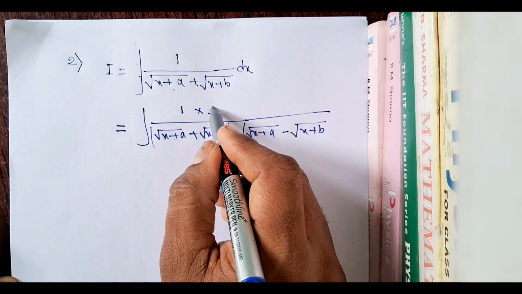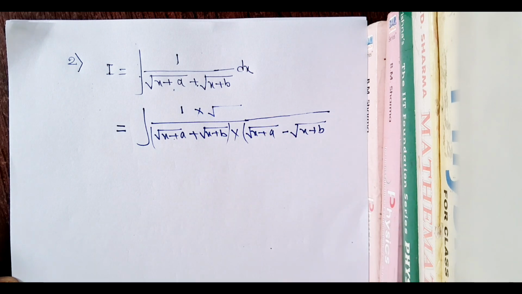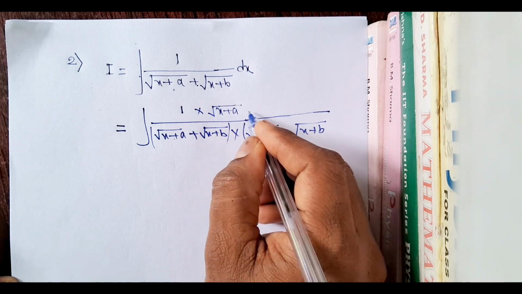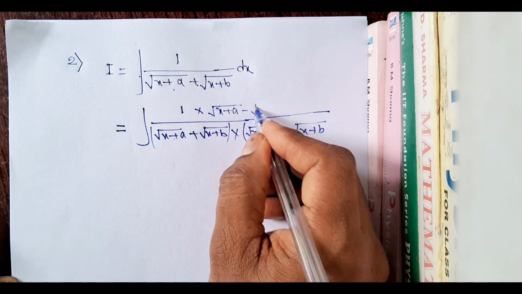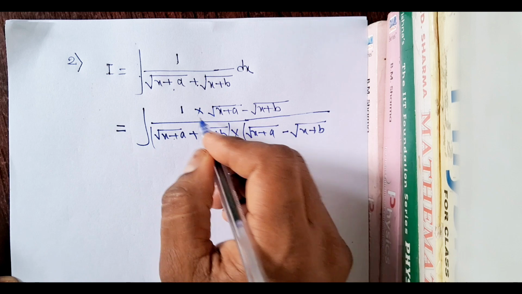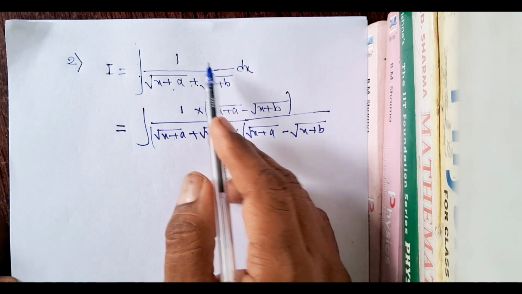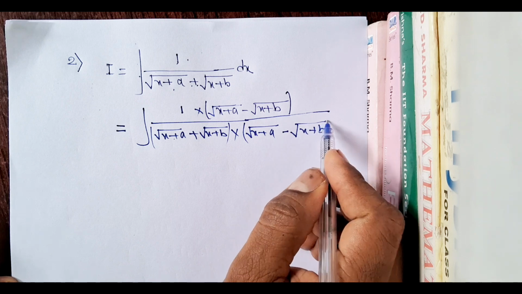We multiply with the conjugate in the numerator as well as in the denominator.